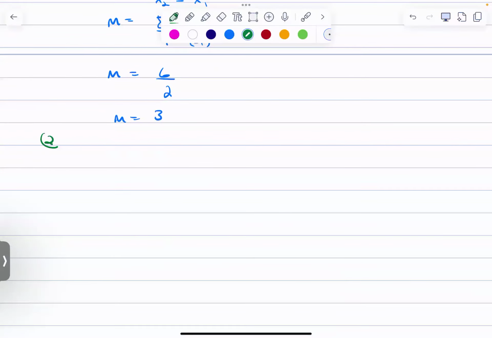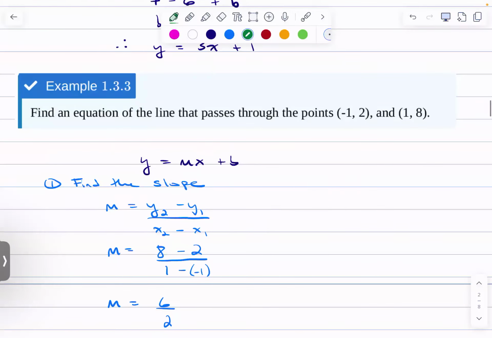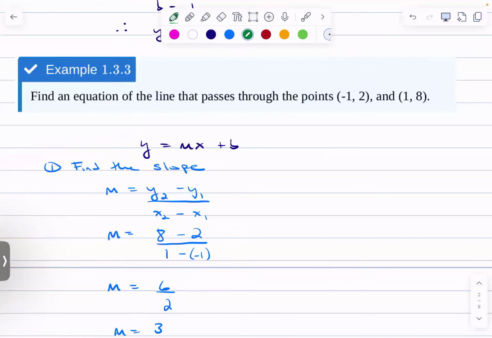So step number 2, find the y-intercept, which is your b. We only need 1 point in order to find b on the line, right? But we have 2, and it doesn't matter which one you choose, right? I'll pick the first one just because it's the first one.